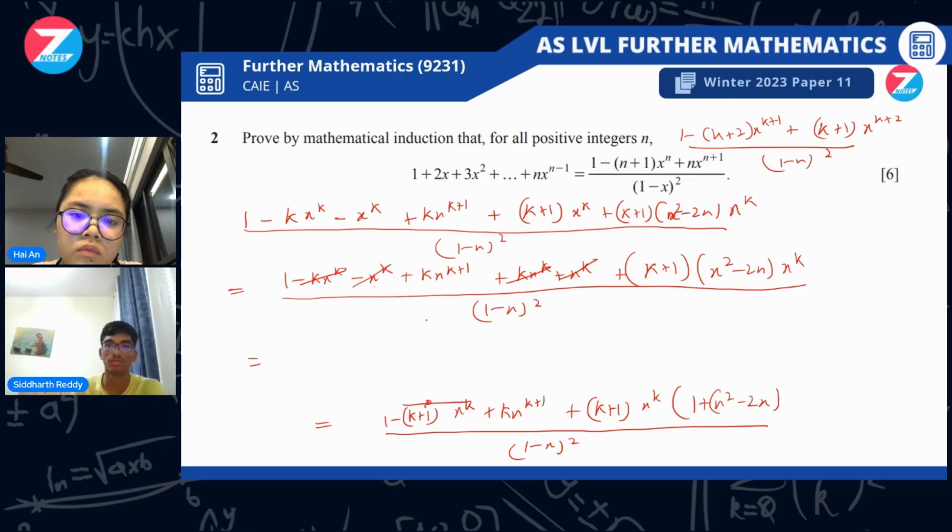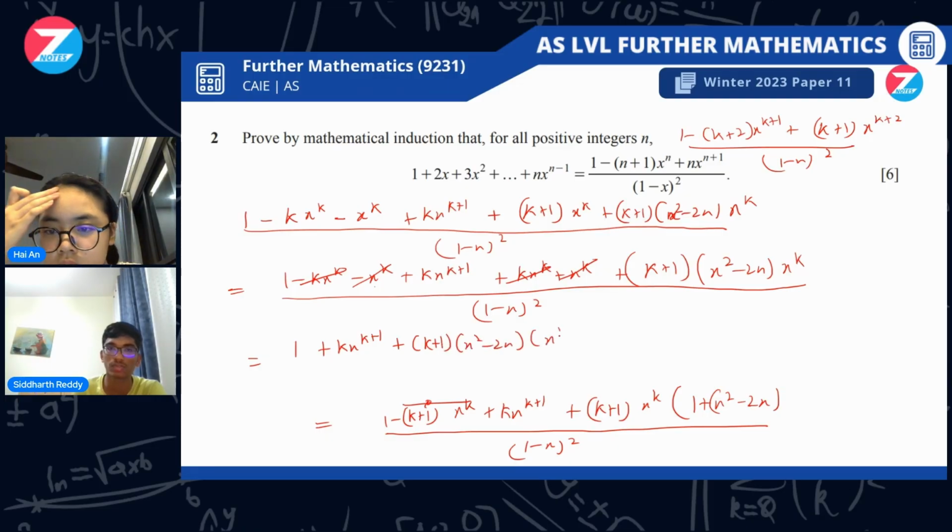Let's try to rearrange it in such a way that we get that. So right now what we have is 1 plus kx to the power k plus 1 plus (k plus 1) times (x squared minus 2x) times x to the power k, divided by (1 minus x) whole squared.